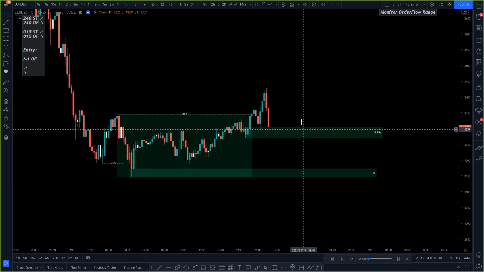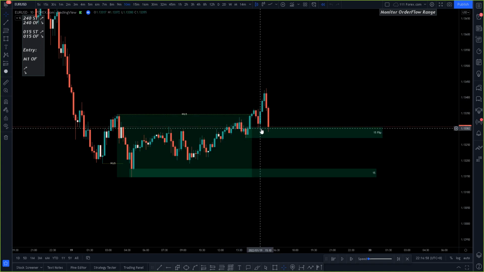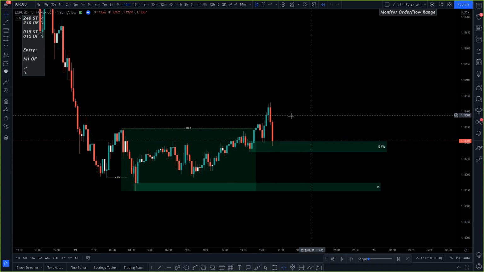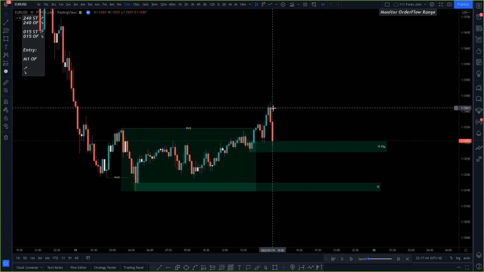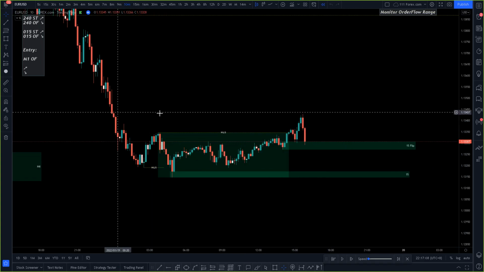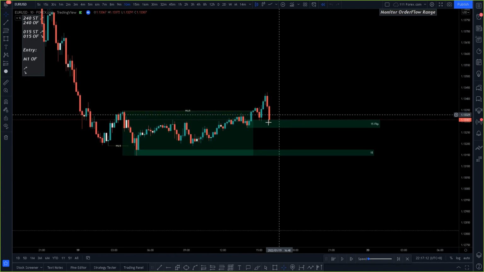missed because I was looking for order flow. This order flow, like, oh, let's make a change of character, but it didn't react from any significant POI. And let's see.